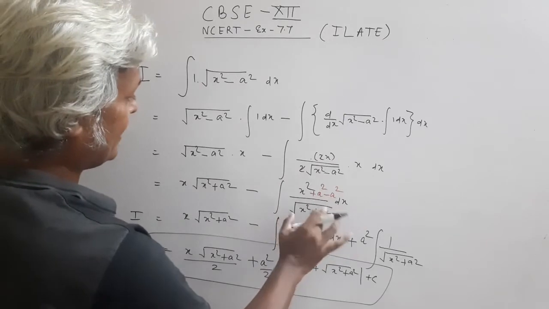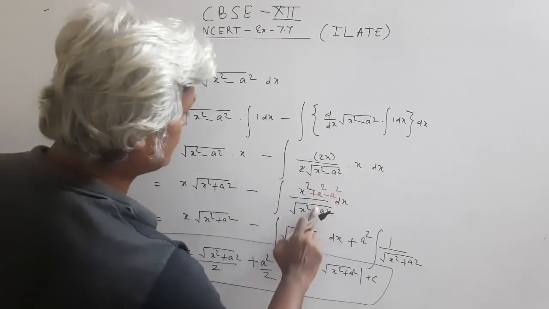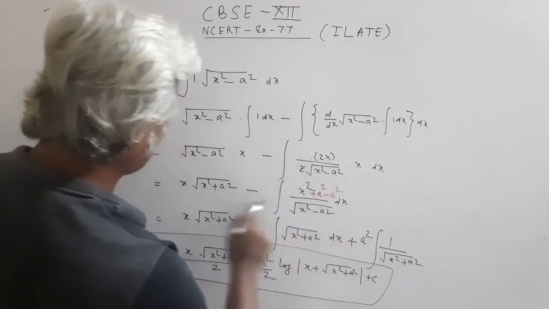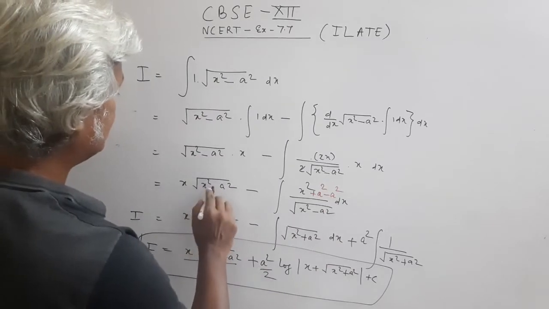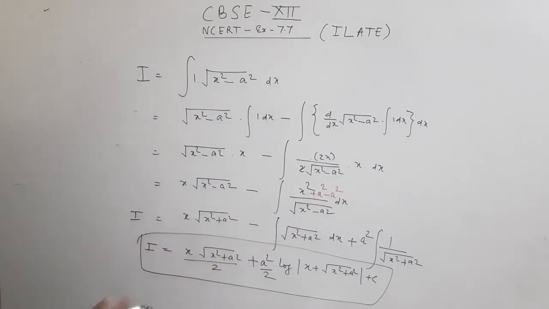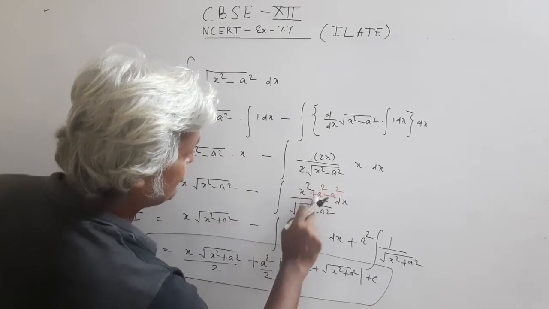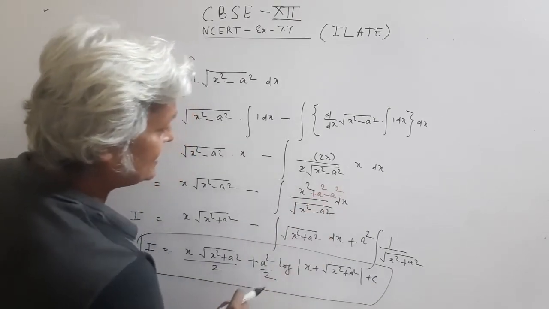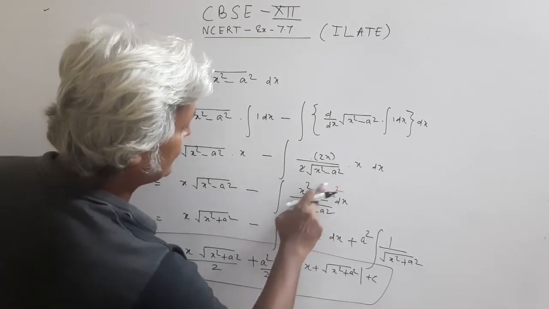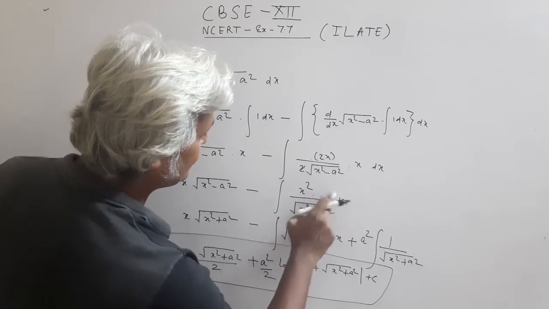But we have to find x square minus a square, because this also will become minus. The one difference: instead of writing x square plus a square minus a square, I'll just write this as minus first. Same thing, I just changed the order.